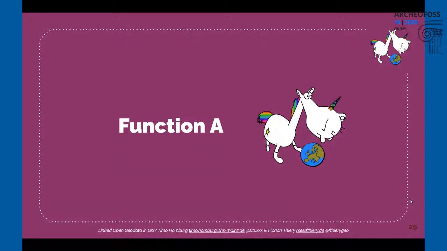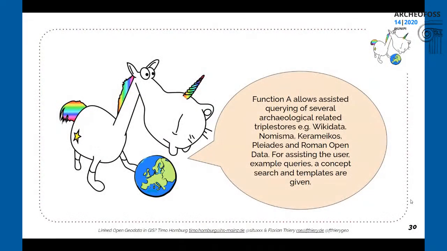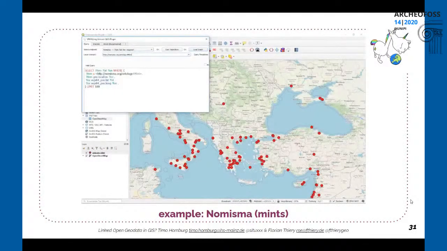Function A, as I said, is querying spatial data from Sparkle endpoints, and you could get spatial data from various pre-configured Sparkle endpoints. That includes Nomisma, Kerameikos, Pleiades, and the Roman Open Data. And it might look like this. So this is Nomisma, and you can query for mints.